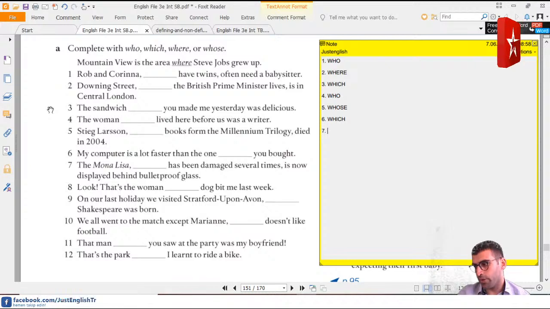Ceyda says who. Gülsafa says which. İlayda says this. No, İlayda answered 6. Münevver says which, and Sıla says which. We can't choose who, because the Mona Lisa is not a person. The Mona Lisa is a painting, a portrait. It's a picture. That's why we shouldn't use who. Which is a correct answer for number 7.